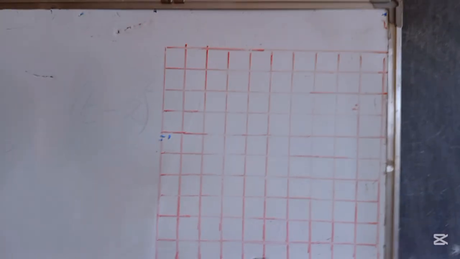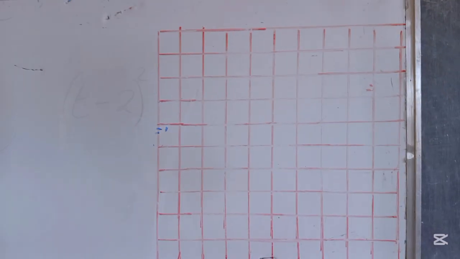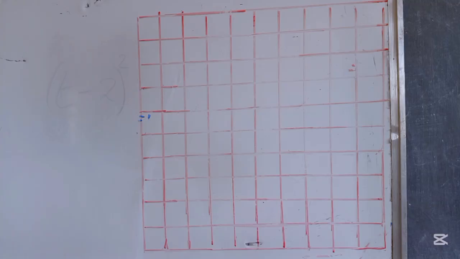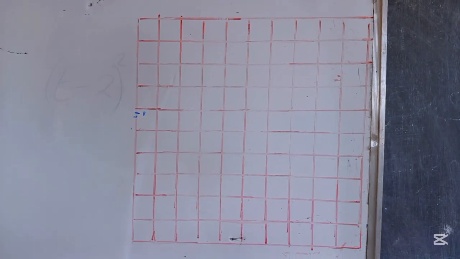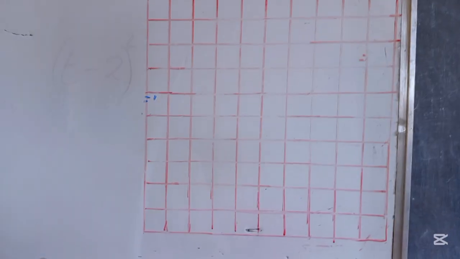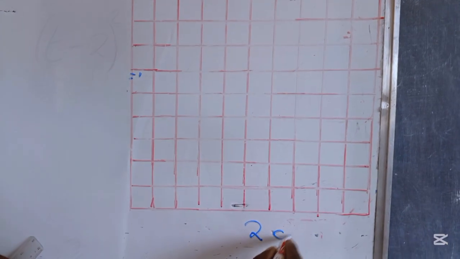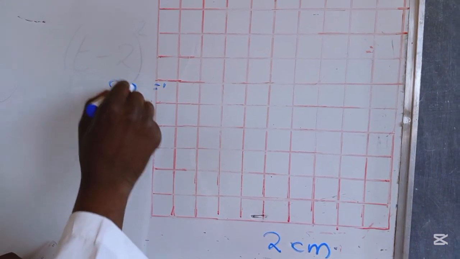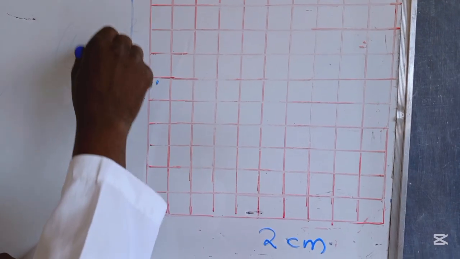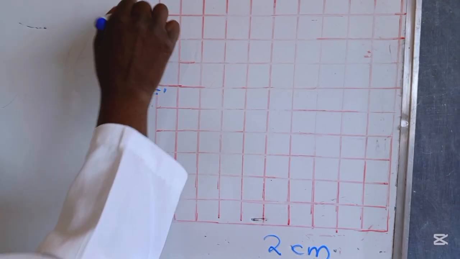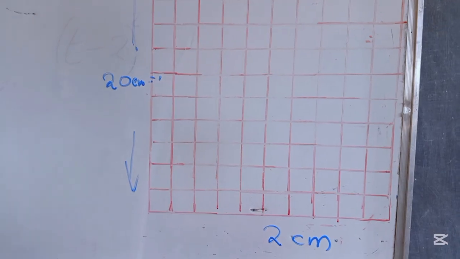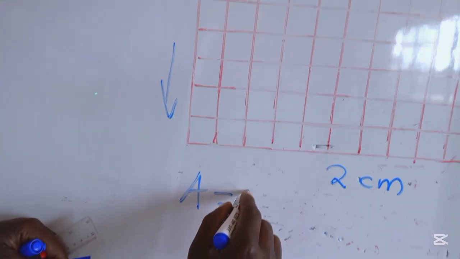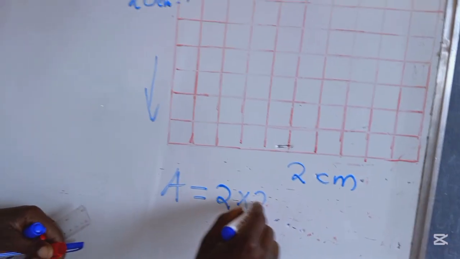This is a bigger box which I tried to imitate. Each bigger box, like this one, is a 2 by 2. Here it is 2 centimeters, and according to the scale we are given, this is 20 centimeters. So they are saying we should find the area. How do we find the area? You agree with me that area is equal to this 2 multiplied by 20.